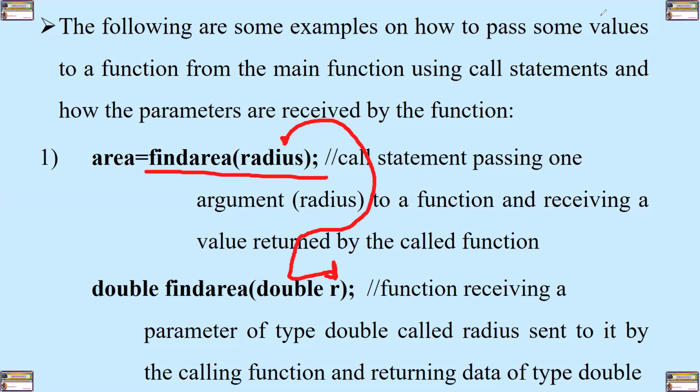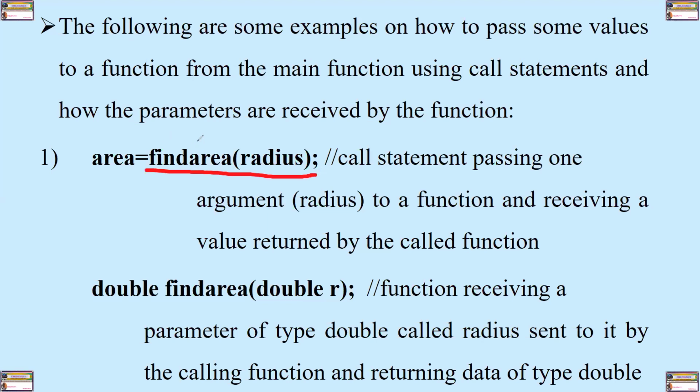I repeat again, because we have said that the call statement, the argument being passed should match with the receiving function's parameter. This is what we are saying. This is a call statement. The first statement is a call statement.